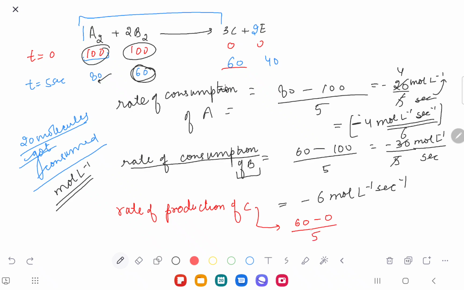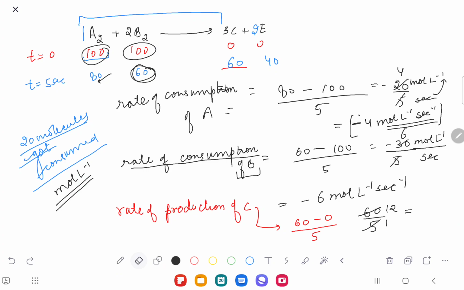Time was again 5 seconds because everything has happened in 5 seconds. A is decreasing from 100 to 80, B2 from 100 to 60, C is increasing from 0 to 60, E is increasing from 0 to 40. So we have 60 over 5, so we have 5 times 1 and 5 times 2, so we have 12 moles per liter per second.